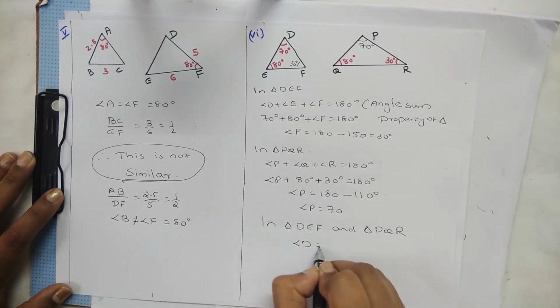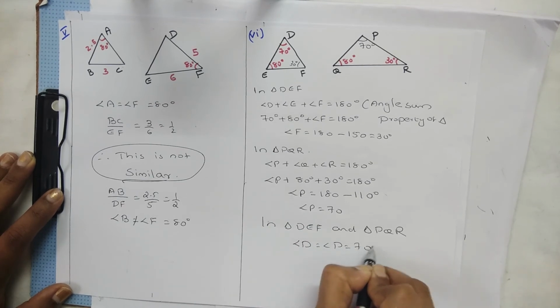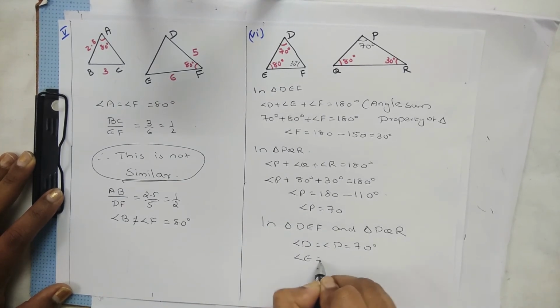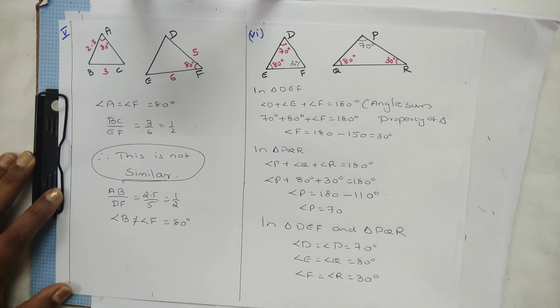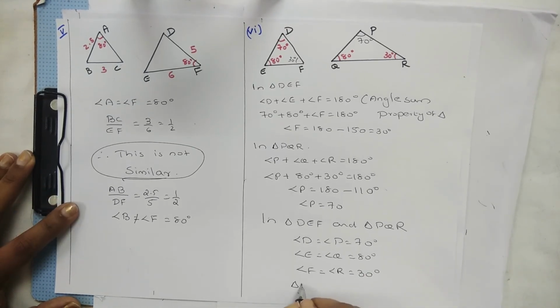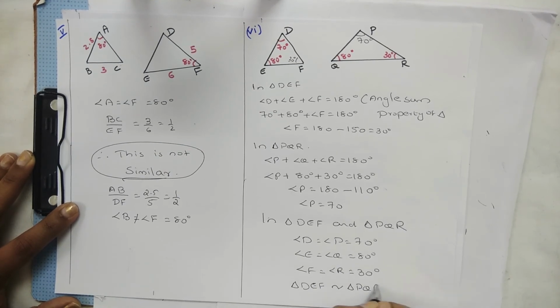Angle D is equal to angle P is equal to 70 degree. Angle E is equal to angle Q is equal to 80 degree. Angle F is equal to angle R is equal to 30 degree. Therefore, triangle DEF is similar to triangle PQR by AAA similarity criteria.